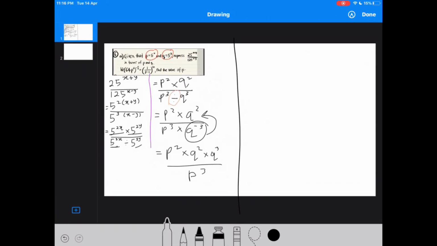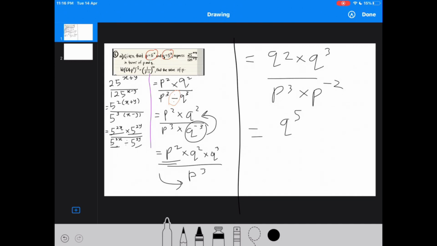Then bring p to the denominator. Then solve this equation and you will get q to the power of 5 over p.